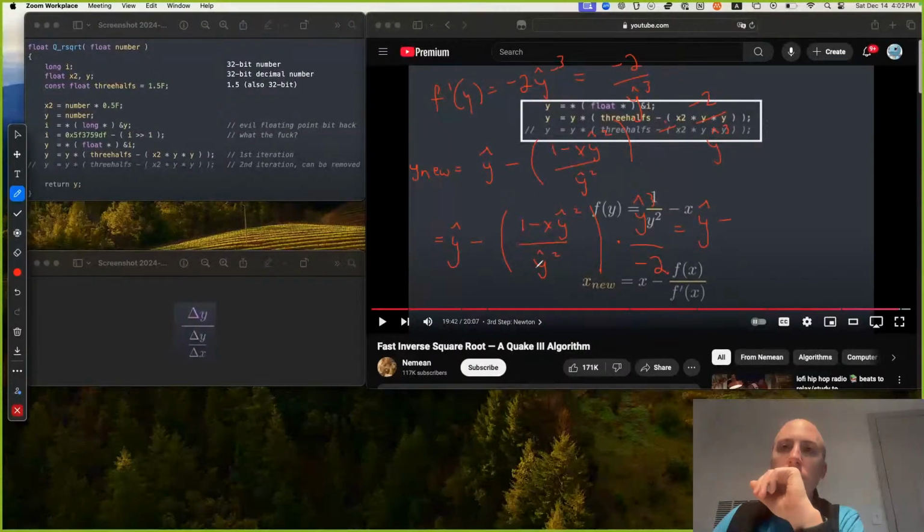So I guess this kind of cancels with this. It just leaves a y hat up here. So this is just y hat minus, I guess, yeah, that just completely went away. So it's just minus 1 plus x y hat squared times, shoot.